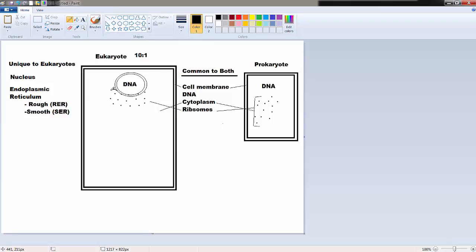It's considered rough because it is in association with the ribosomes that I already kind of drew here. The ribosomes are somewhat studded along this endoplasmic reticulum, and the combination of the endoplasmic reticulum itself plus these ribosomes embedded within it gives it a rough appearance. So that's where the rough comes in.